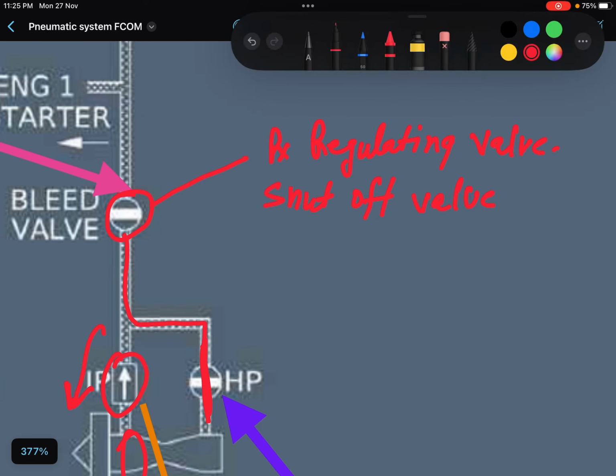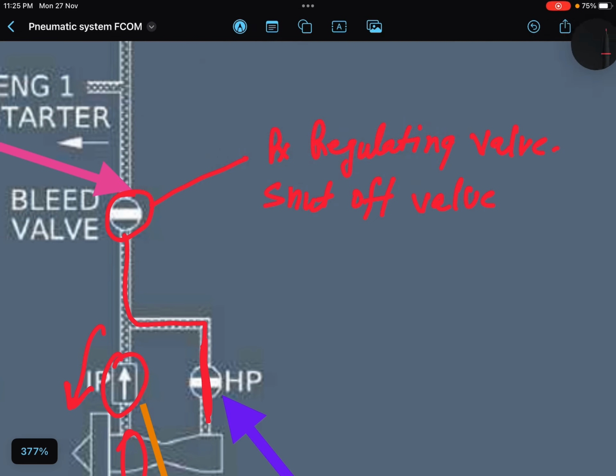Now guys, tell me why this valve is called the pressure regulating valve. Do you have any idea? And why is this valve also called the shut off valve? Try to answer it.